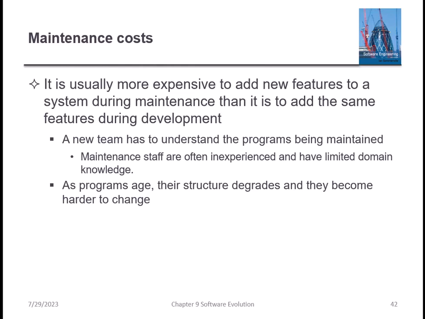But after development, they have to re-engineer, reverse the whole process and go back to the documentation. Sometimes the documentation is not available or is lost, or modifications are too many, so it is difficult to control the change. As programs age, their structure degrades and they become harder to change. That is the case already discussed, that aging software is difficult to modify.